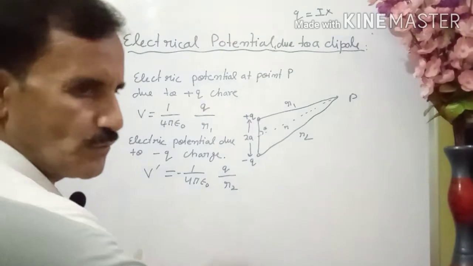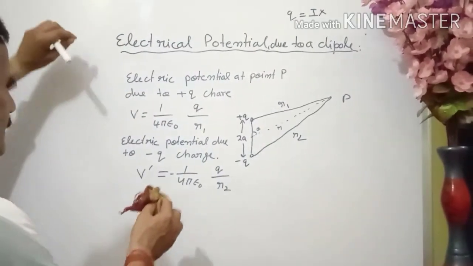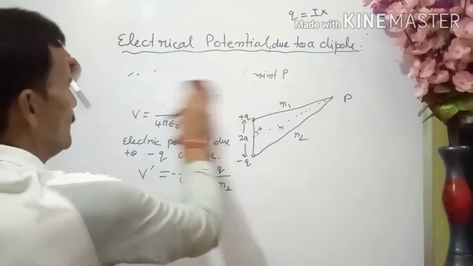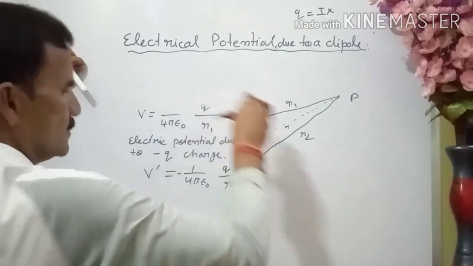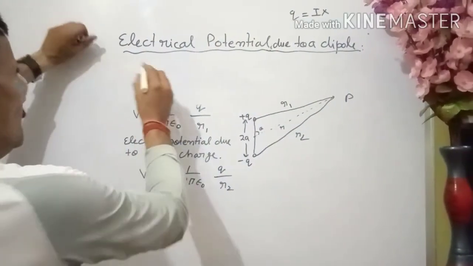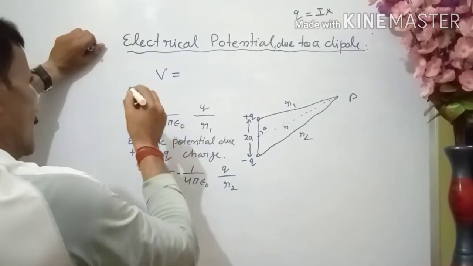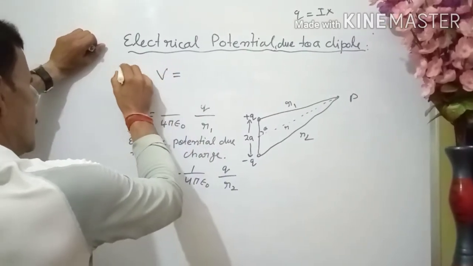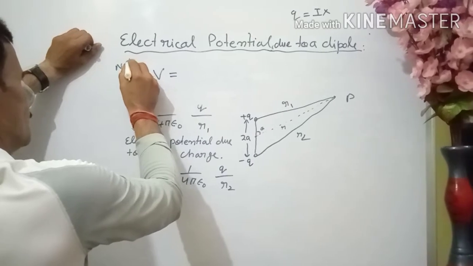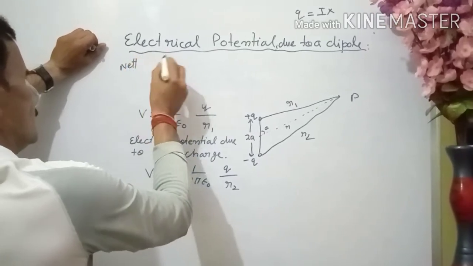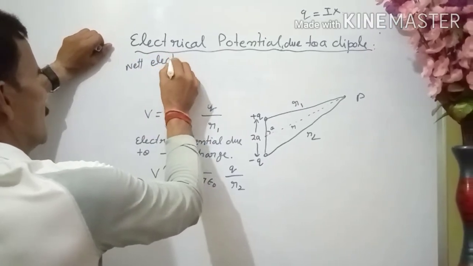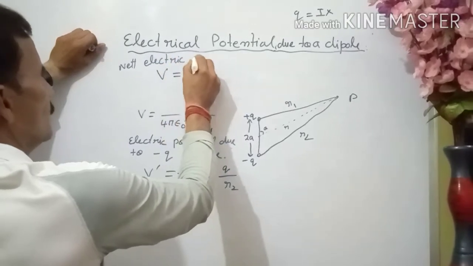So V is the net electric potential, not electric field, electric potential.